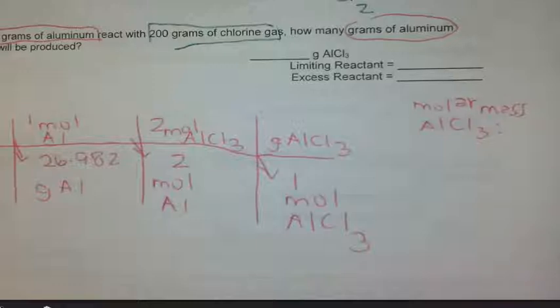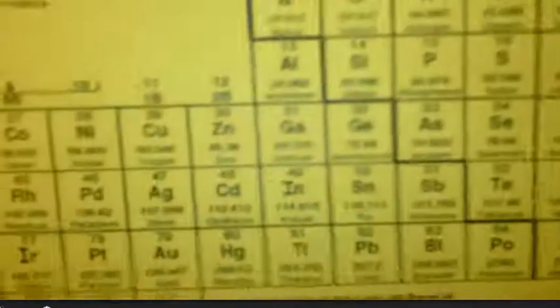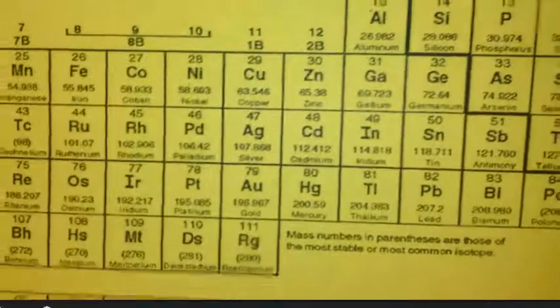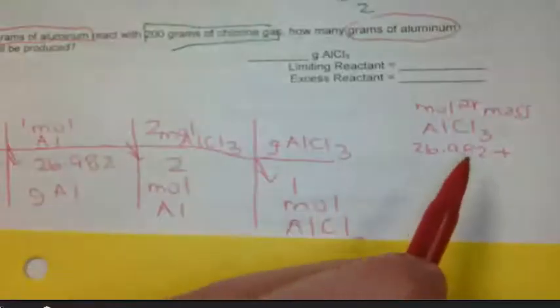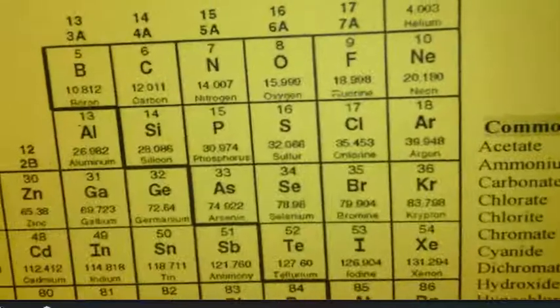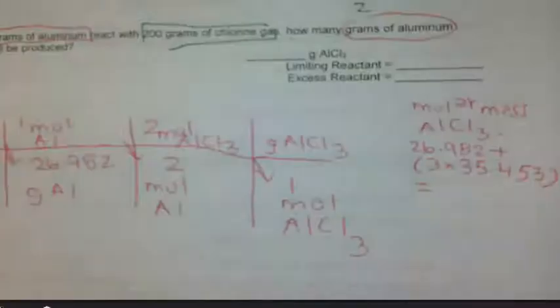So for aluminum, I only have 1 of those. So I'm going to take the weight of aluminum, which is 26.982, plus the weight of 3 chlorines. That's because it's Cl3. So I need to do plus, in parentheses, 3 times the chlorine, which is 35.453. And I'm going to plug that in my calculator.